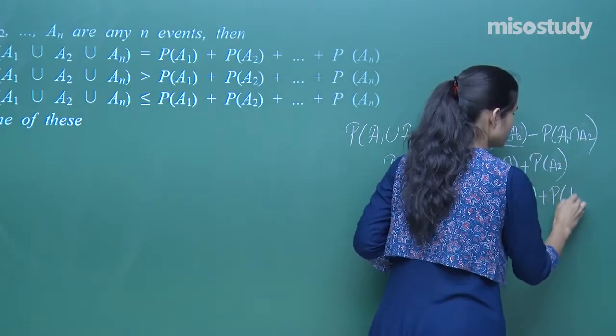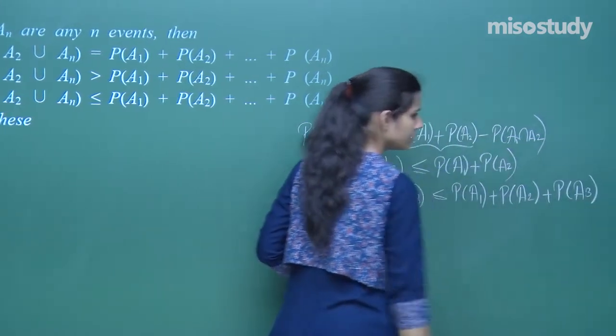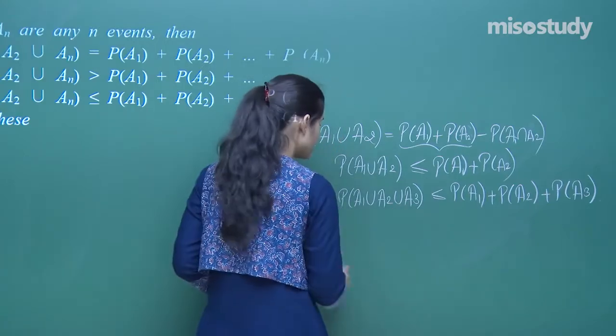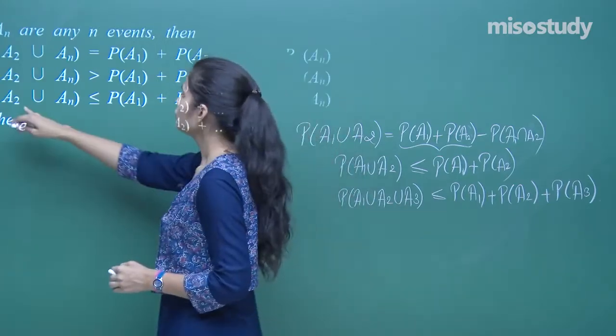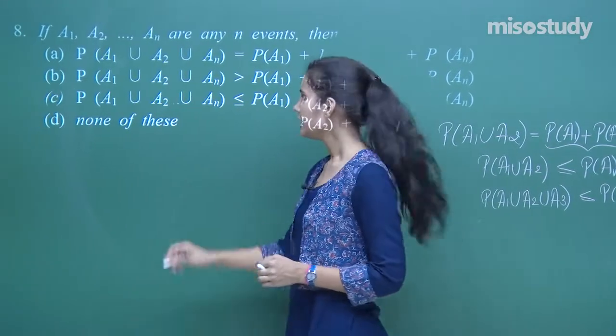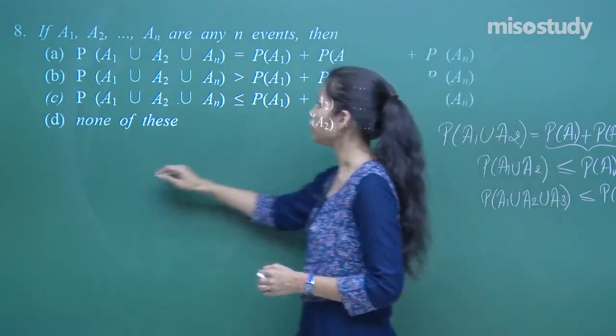So it also gets extended to 3. Similarly, if you have n Ais, basically n events, you get probability of A1 union A2 union A3 up till union An is less than or equal to probability of A1 plus probability of A2 plus up till probability of An.